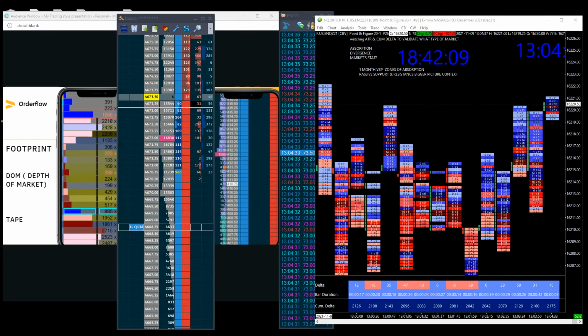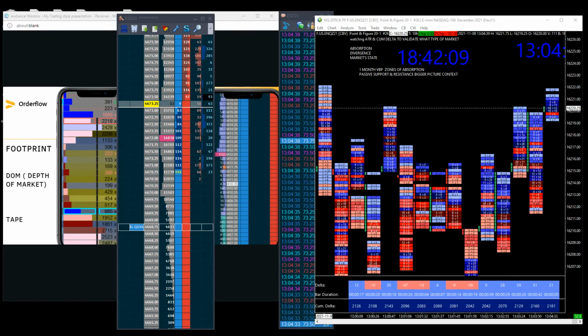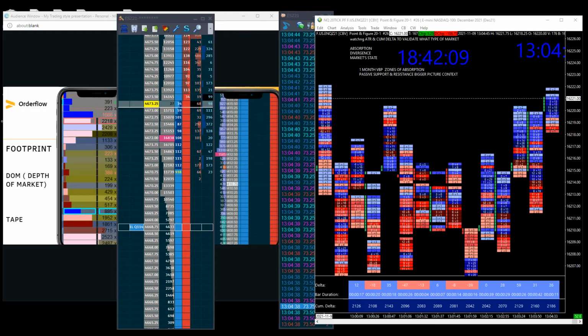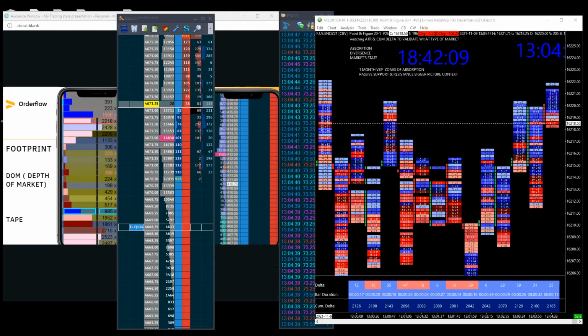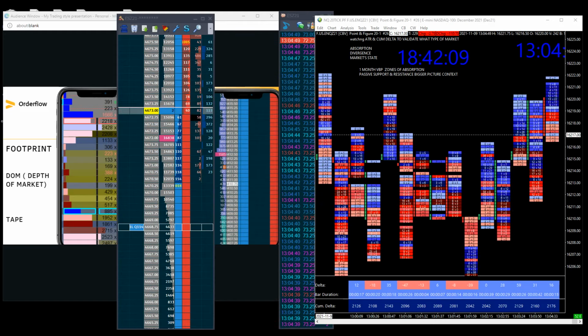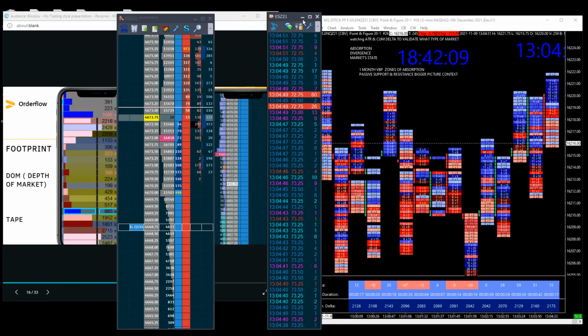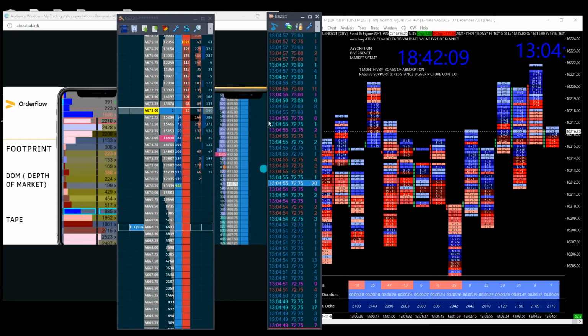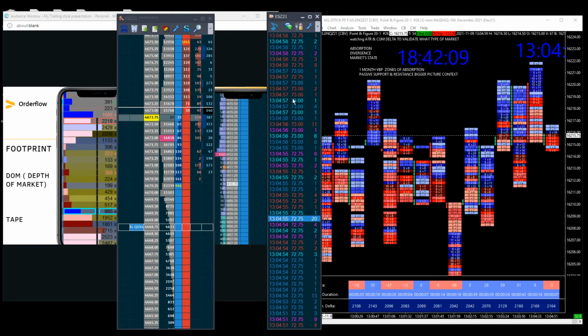That's pretty much how I select my stops, where I'm wrong when I'm taking a trade. Again, I'm focusing mostly on the one lots and the regular retail, how the market's playing around certain levels.